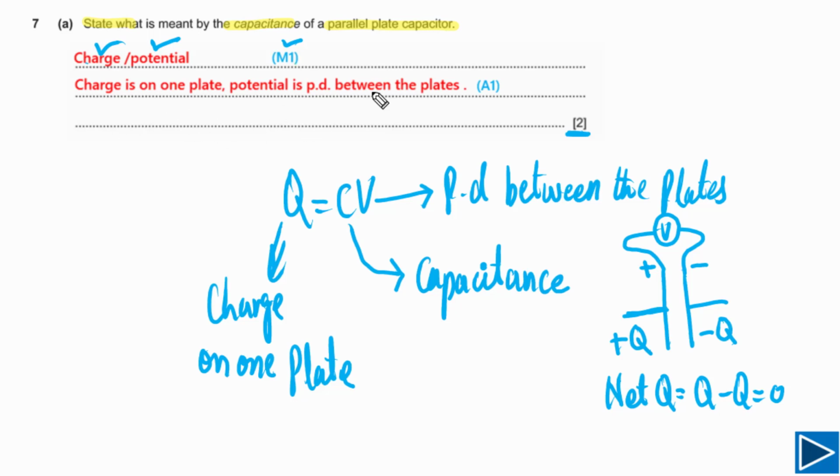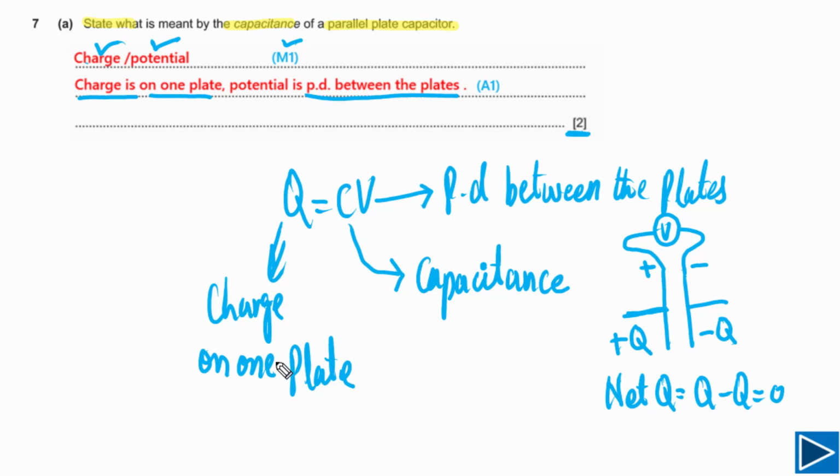In order to get the second point, you need to mention that charge is on one plate. It simply means that you need to explain what you mean by charge here. Then you need to explain what you mean by potential. So potential is the potential difference between the plates, and charge is the charge on one plate.